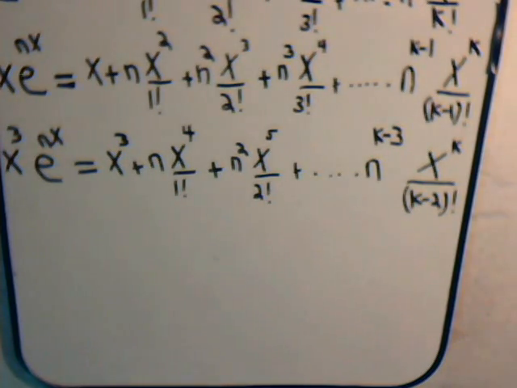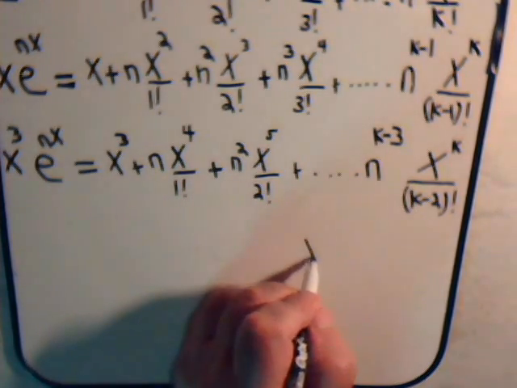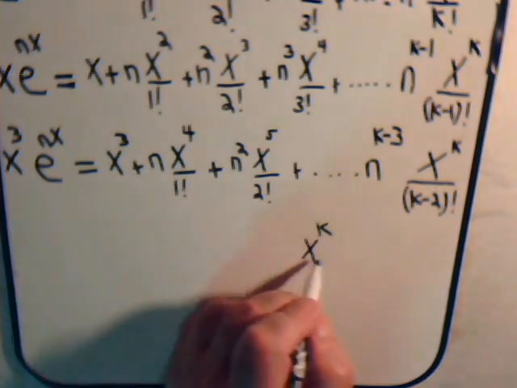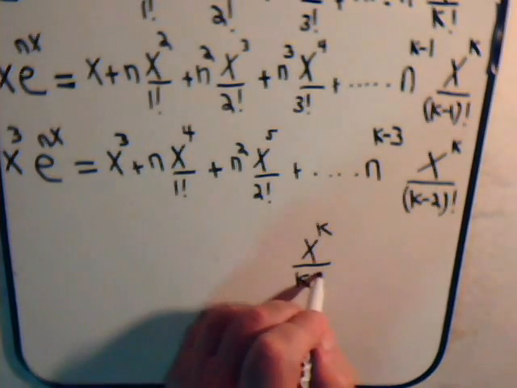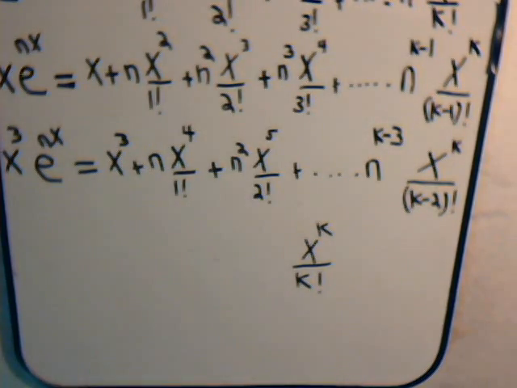But again, for our problems, we want to know what is going to be the coefficient of x to the k divided by k factorial. So here, we look at this, we have k minus 2 factorial down here.